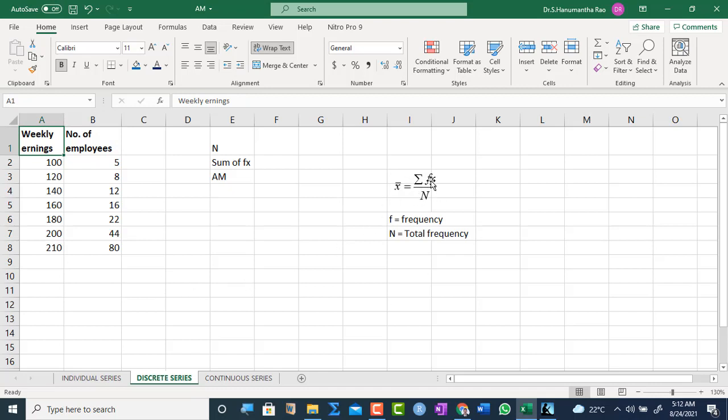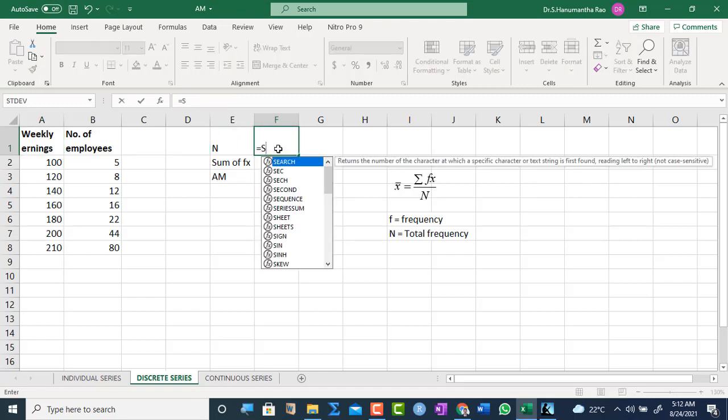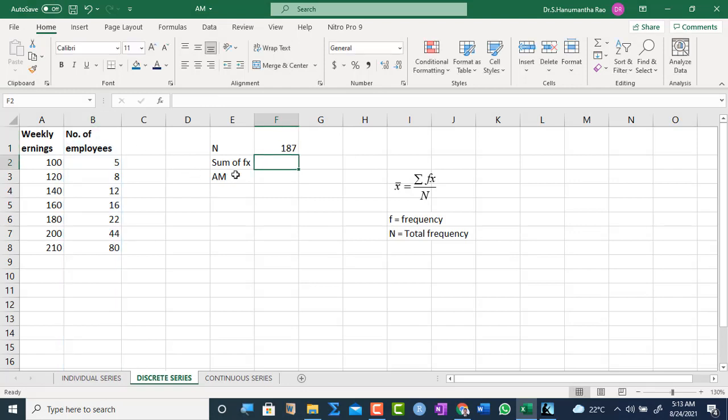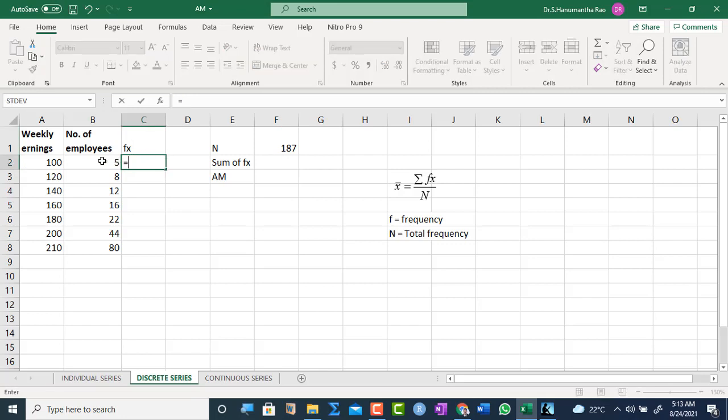So I want to calculate fx and n, where n is the total frequency, the sum of frequency, and the sum of fx. First we calculate fx, where f is the number of employees and x is the weekly earning.